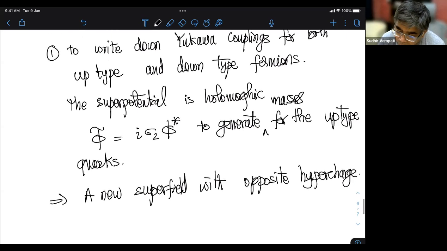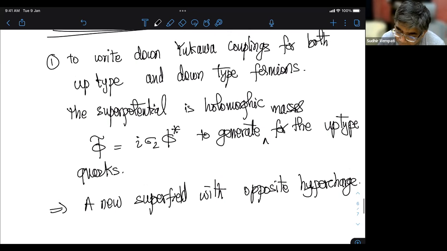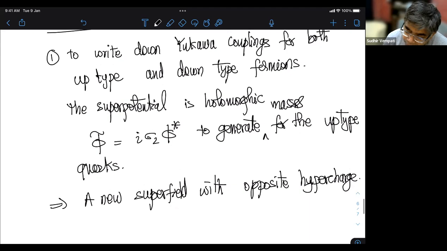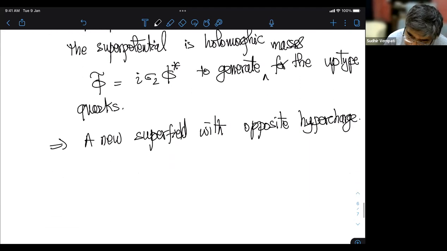Okay, so second thing, the way we introduce the chiral superfields: we want to introduce a chiral superfield associated with the Higgs.